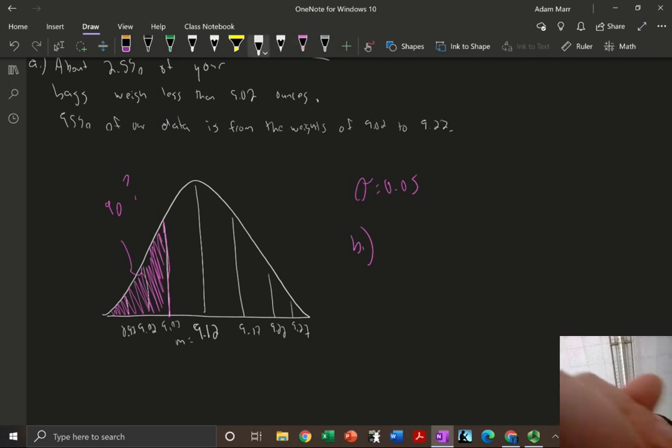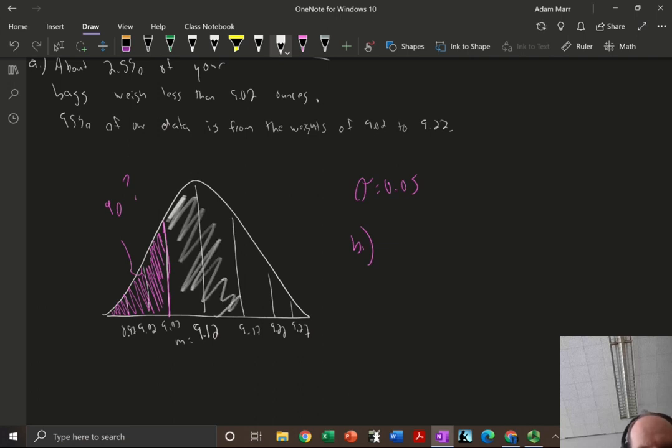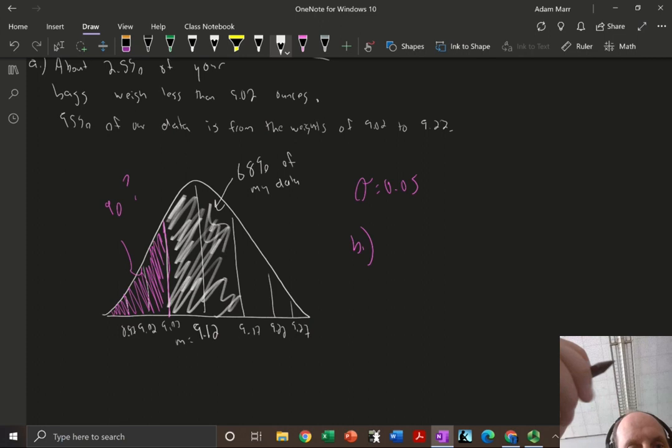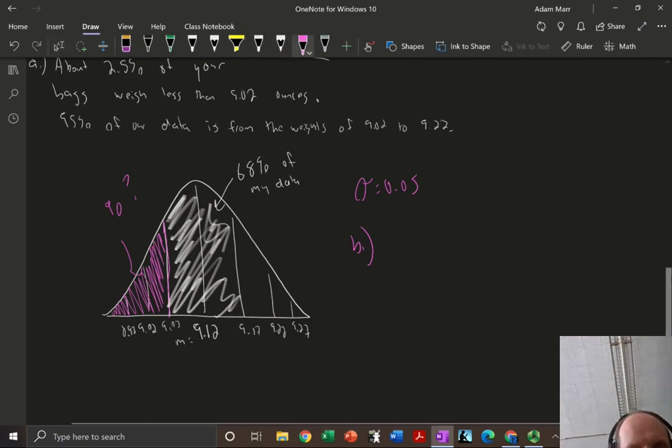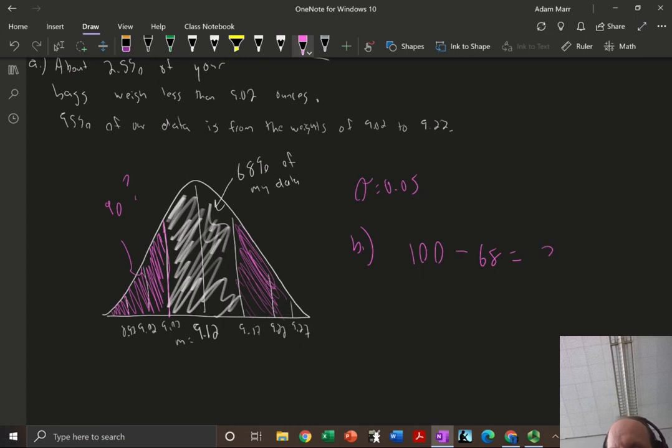What do we know? This little chunk is one standard deviation to the left and one standard deviation to the right. So this is 68% of my data. That means these two chunks together are going to be 100 minus 68, which is 32% of my data.